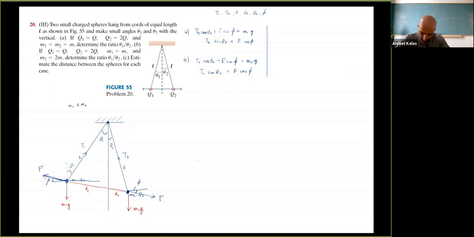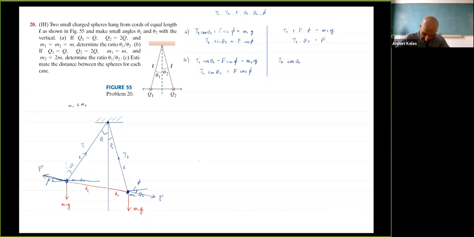Let me write all these equations with that approximation. So this is T1 plus F times phi is equal to M1G, and T1 times θ1 is equal to F. And this is T2 times cosine θ2.